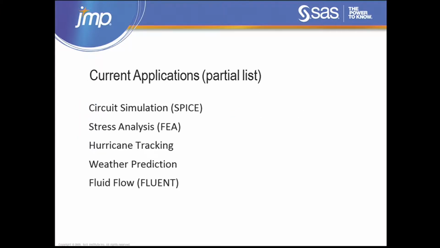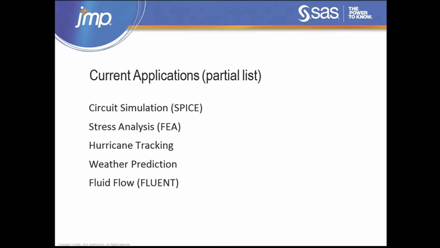There are lots of real applications of computer experiments. Circuit simulation has been used since the 80s and has been a large part of the huge improvement in the speed and the reliability of computers. Stress analysis for bridges or other kinds of mechanical devices is also done using finite element analysis.